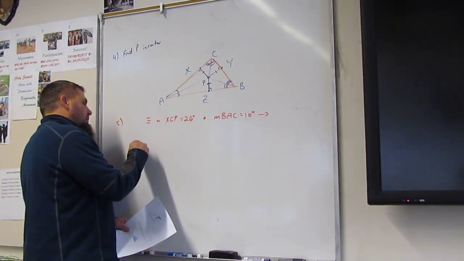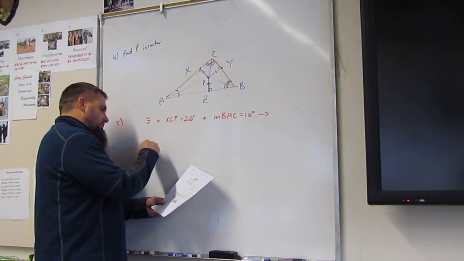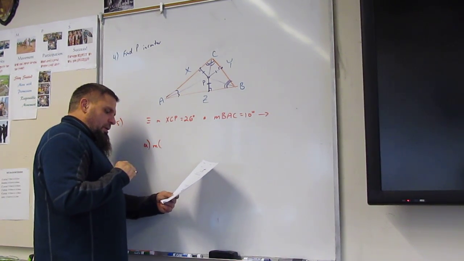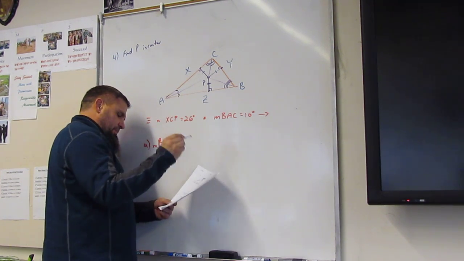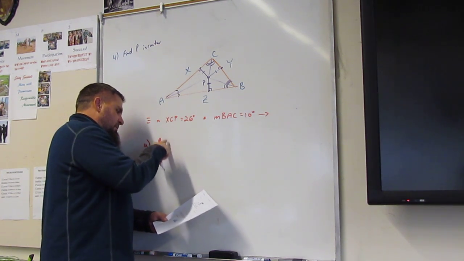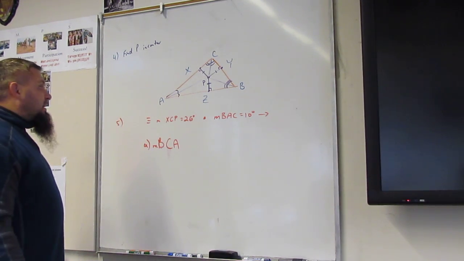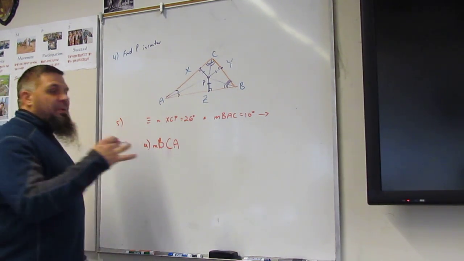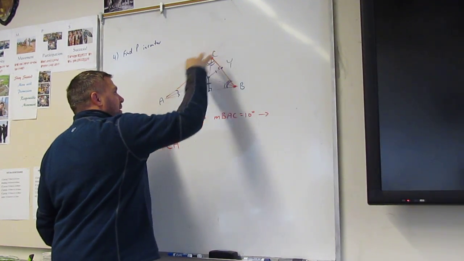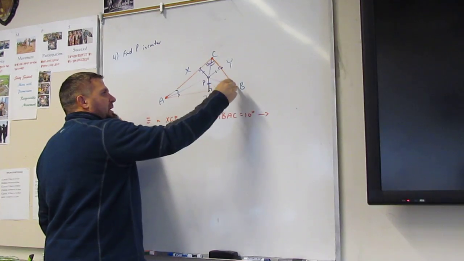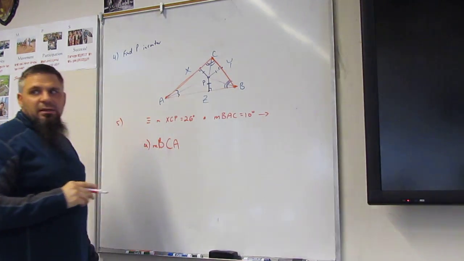Then find A. And in this case, they're saying the measure of BCA. Sorry, BCA. Okay. So I'm looking at B, C, A. So BCA means this big measure. Okay?